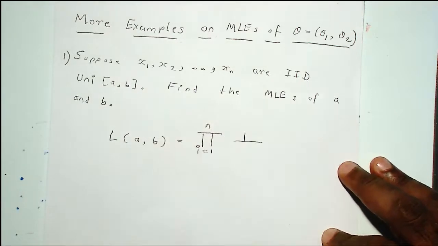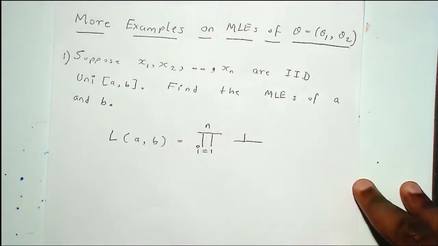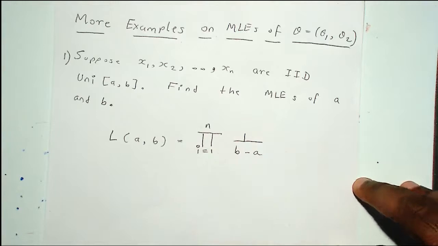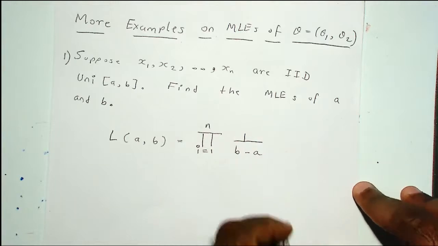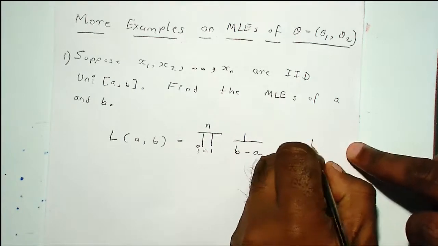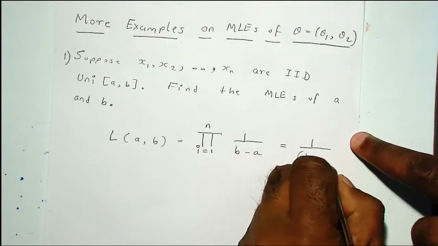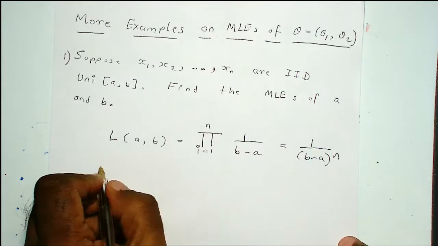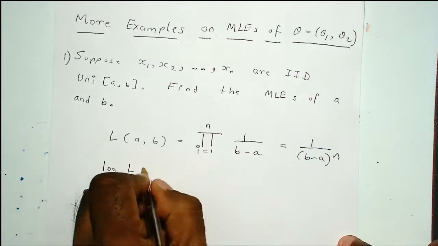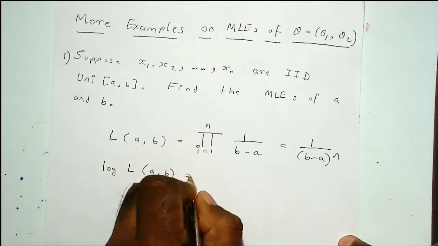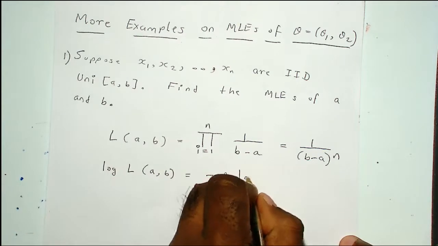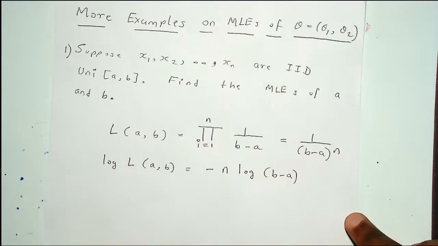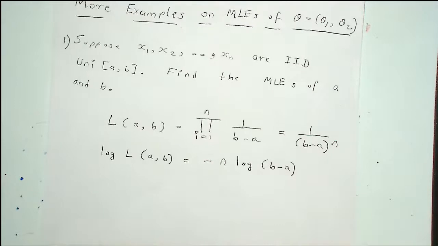you guys know that the density of the uniform distribution from a to b is, if you look back at the lecture notes, you will see, 1 divided by b minus a. So what you have is 1 divided by this, right? Take the log of the likelihood, you get this.